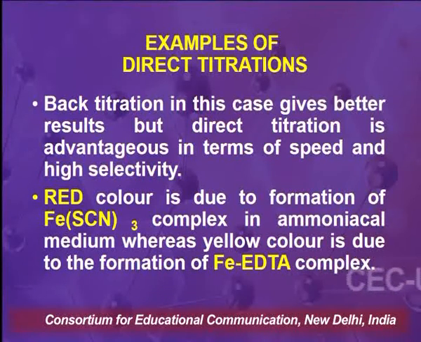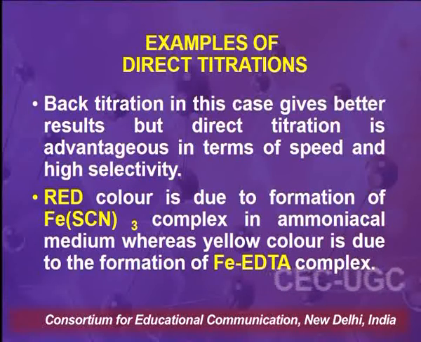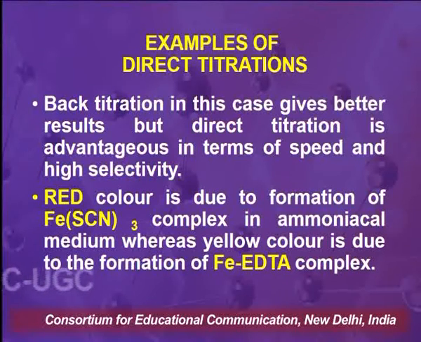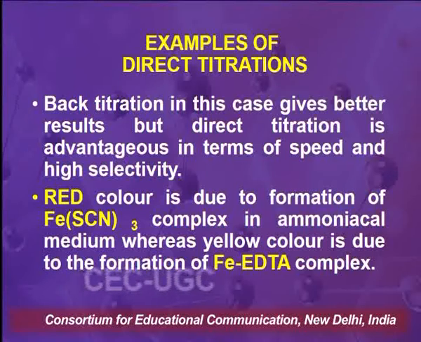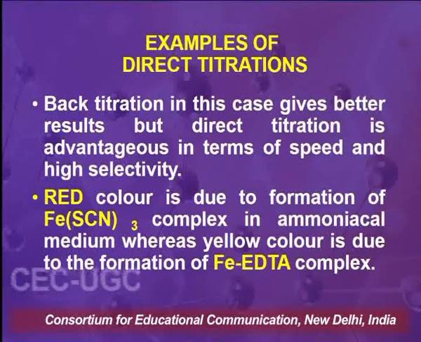In contrast, in the cases where we were discussing the zinc complexes with EBT or magnesium complexes with EBT, the color change was due to the metal indicator changing to the free indicator. Here the color change is due to the metal indicator changing to the metal EDTA complex.